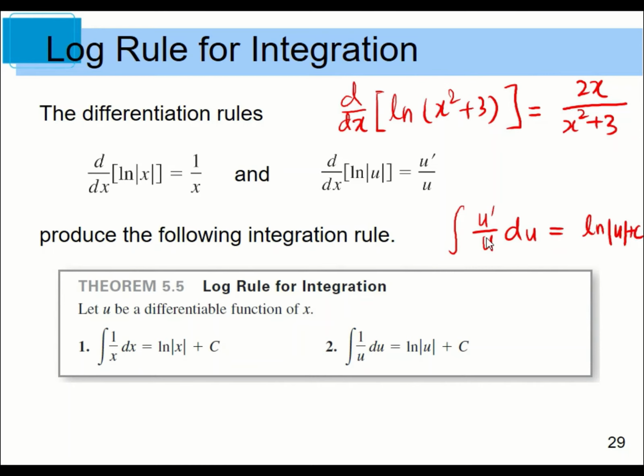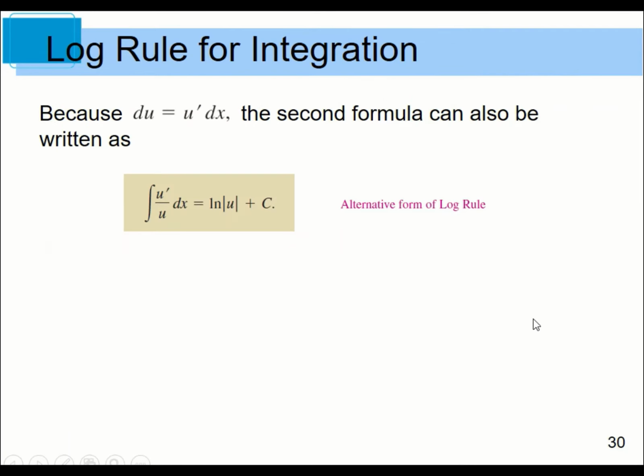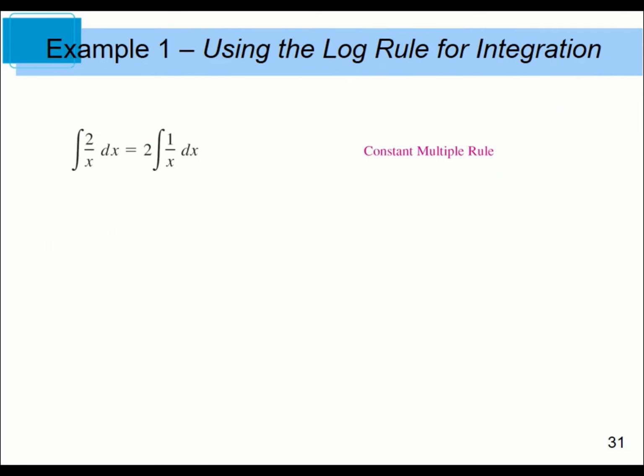So when we have something like this, where the numerator is the differentiation of the denominator, we can write it in this way, and the answer we get is ln u.